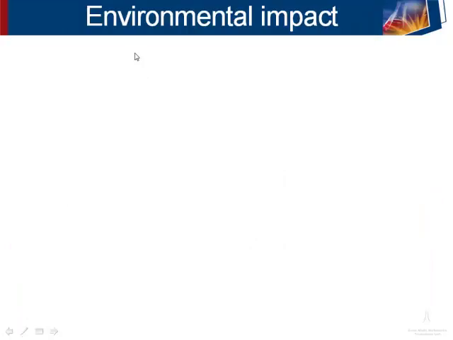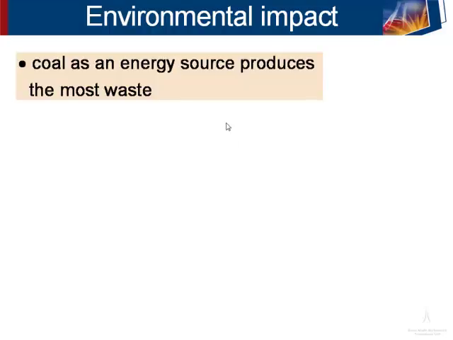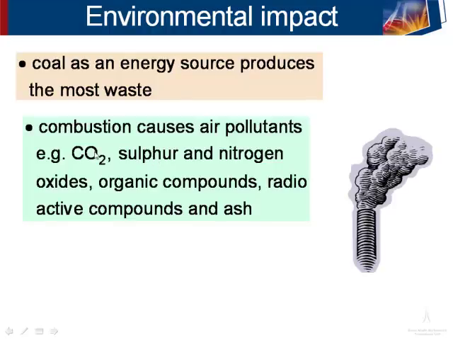The disadvantage of producing electricity from coal is that it has more waste products than any other energy source. Since coal is not pure, it contains a wide range of other compounds, including sulfur and nitrogen, and therefore we get sulfur and nitrogen oxides formed, organic compounds, radioactive compounds, and ash.